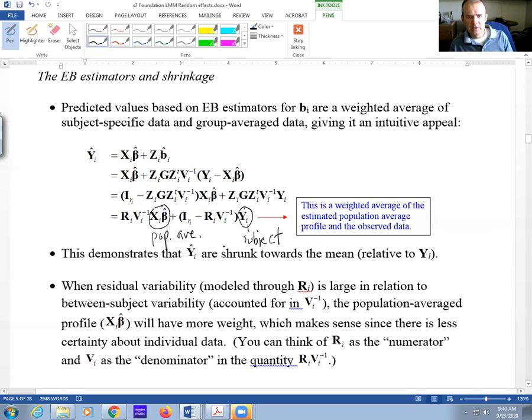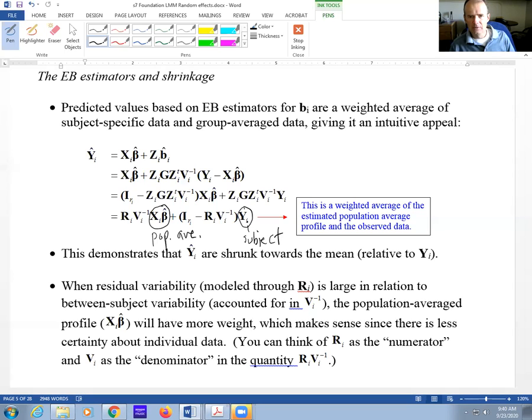If you have more subject data or it's less variable relative to between subject data, then you're going to weight it more. So it's a natural way to weight subject level data with the population average.